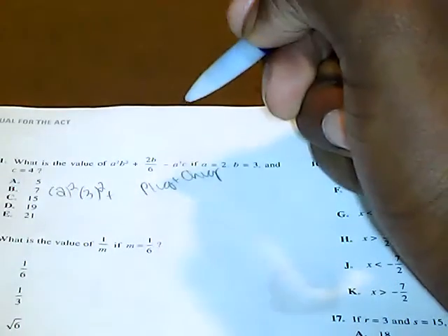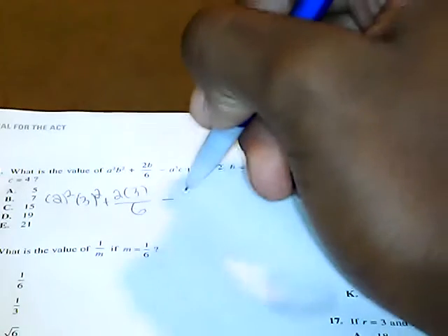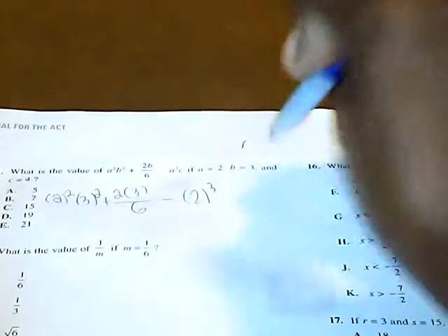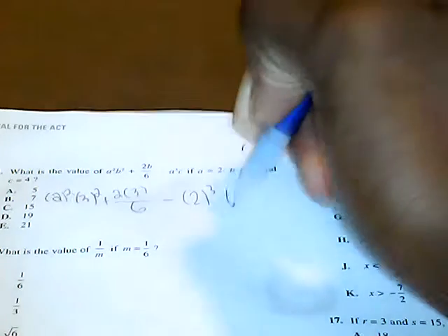B equals 3 is going to be substituted, plus 2B. I'll erase this plug and chug. It's getting in the way of my arithmetic. Plus 2B plus 2 times 3 over 6 minus A cubed, 2 cubed, times C, 4.